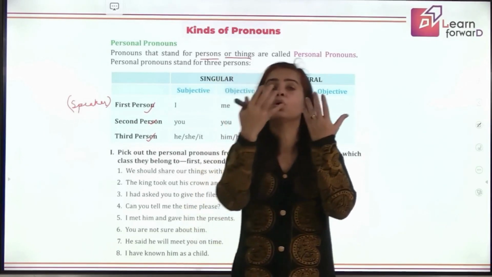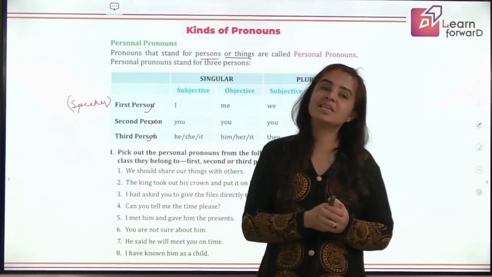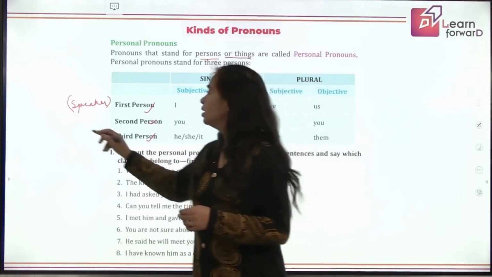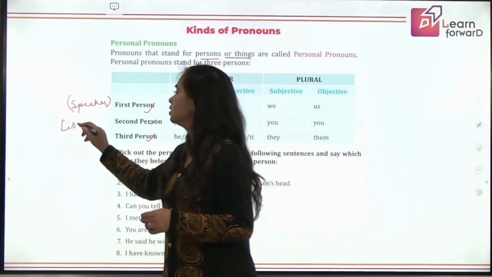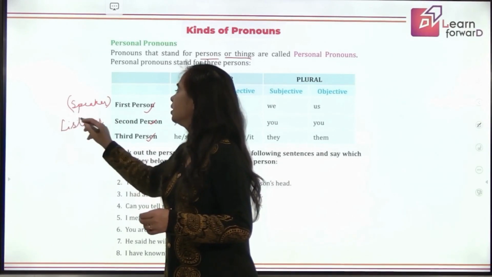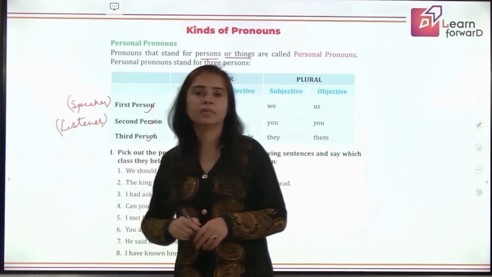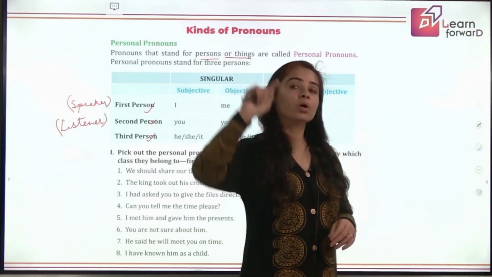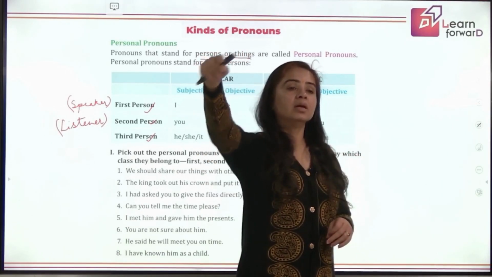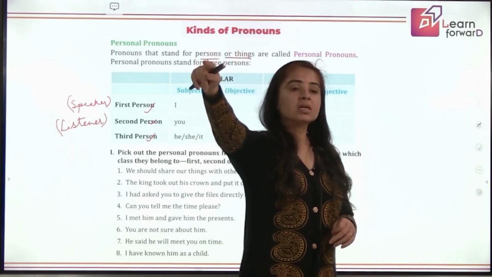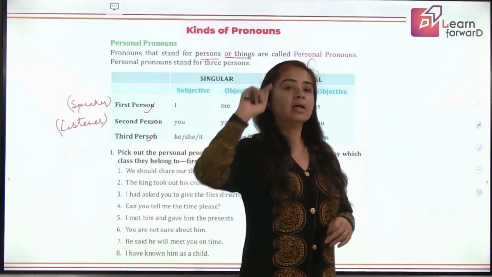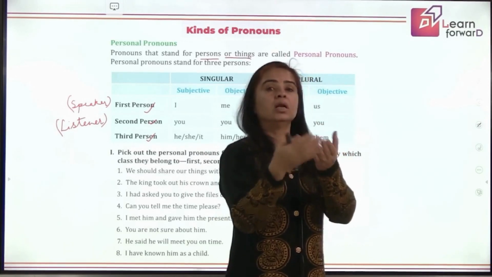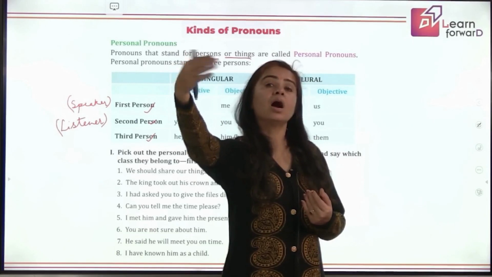Now, when I talk to you, I say you. So, you people are a listener. That means that becomes the second person. The listener is the second person, children. And I'm talking to this girl, but I am talking about somebody sitting there. So I'll say she is a brilliant child. He is very notorious. I am talking to the girl, but I am talking about somebody.